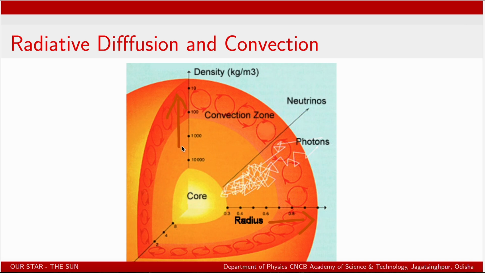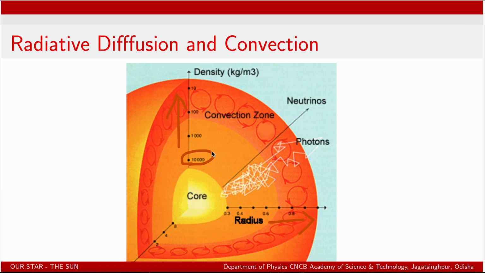You can see that inside the core, matter is extremely dense, and when you go to the radiative zone, at the lower edge of the dense radiative zone, you have a density of 10,000 kg per meter cubed.